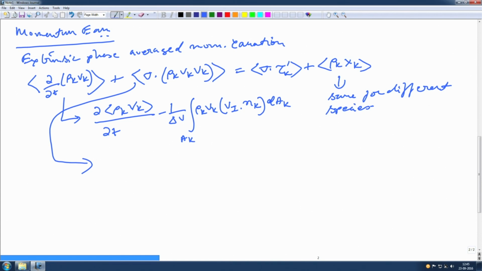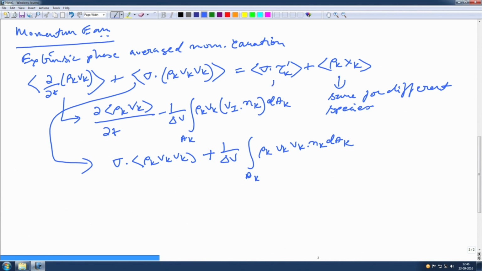Similarly, the second part of the convective derivative is given as, okay.